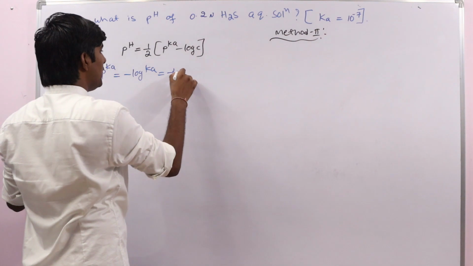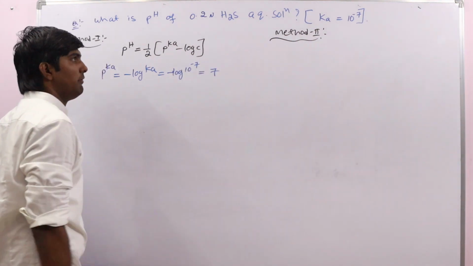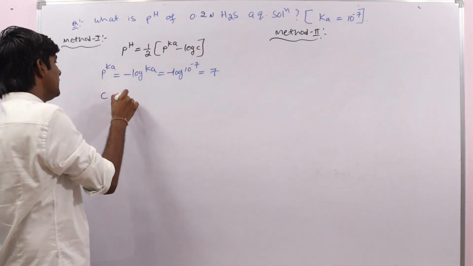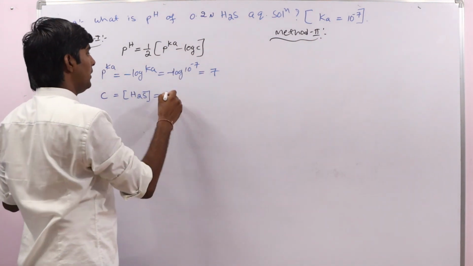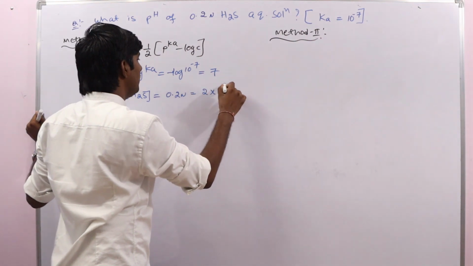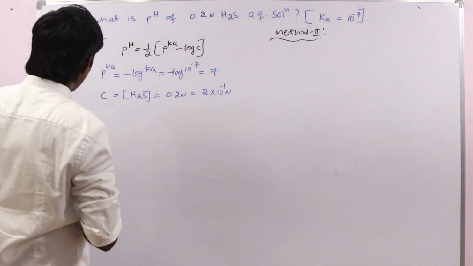If you substitute here minus log 10 power minus 7, that is equal to 7. pKa equal to 7. And C is nothing but the concentration of the weak acid given, that is equal to 0.2 normal. This we can write 2 into 10 power minus 1 normal.